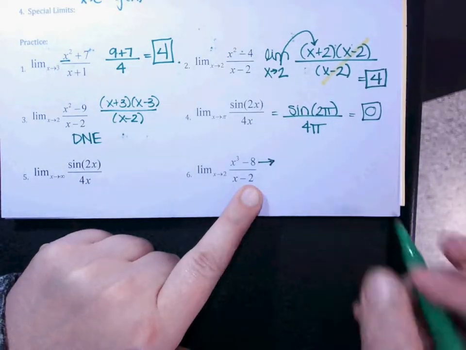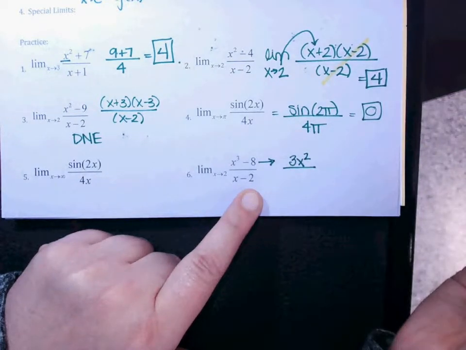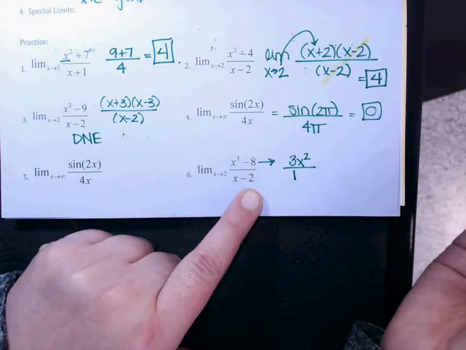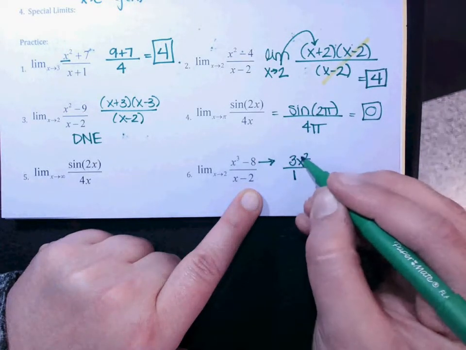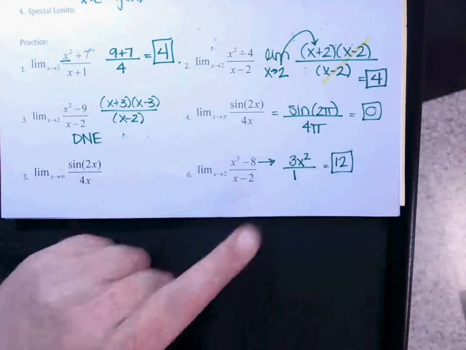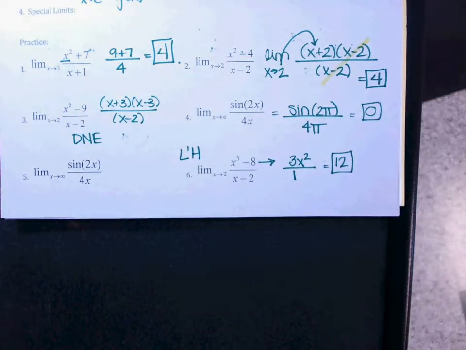What do you get? 3x squared. Take the derivative of the bottom. 1. Now can I plug in 2? Yeah. What's 2 squared? 4. Times 3 is 12 over 1. Okay. So you're allowed to use, I'm going to put L'H, that's L'Hopital's rule. You can take those derivatives and it makes it easy.